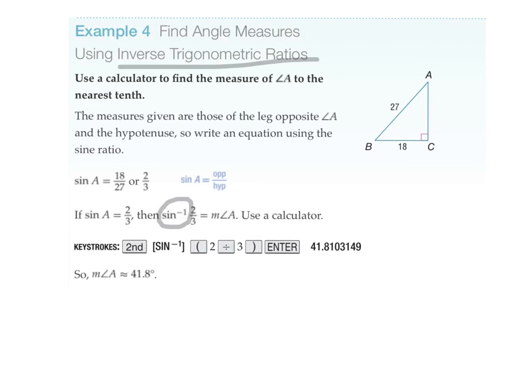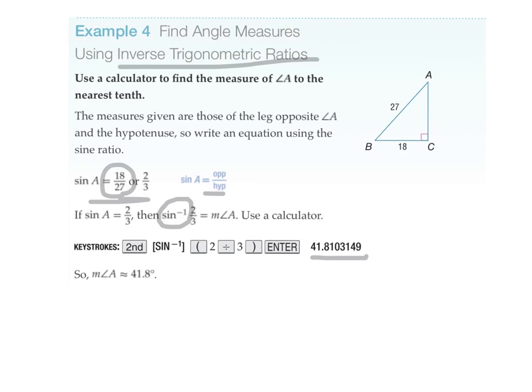You quote the formula, and then plug in your numbers. You don't have to simplify it because your calculator will do 18 over 27 anyway. If you want to cancel it down, it's entirely up to you, but you know me, the more math you do, the more chances you've got of making a mistake. So just put sine inverse -1 of 18 over 27 and it will come up with your answer.